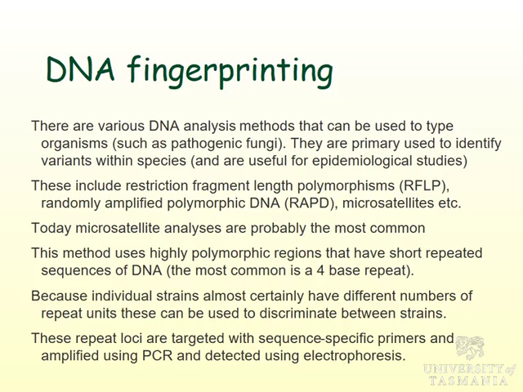But once these have been identified, you can design tests that will amplify and detect that particular region, and then you can determine, have I got 3 of them, 5 of them, 7 of them, and the number of repeats will fingerprint that particular strain of the pathogen you're dealing with.